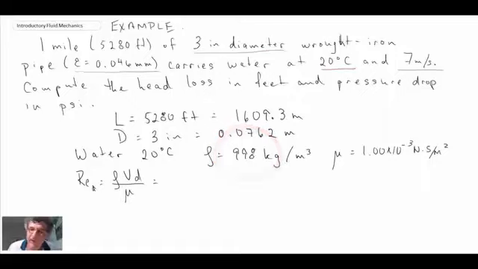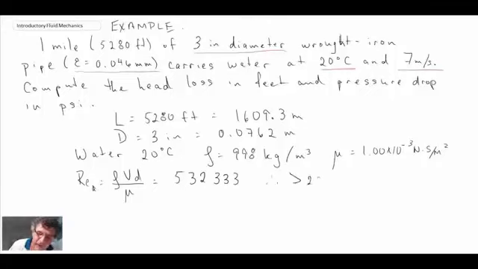Substituting in the values, we have all the values for the Reynolds number, and we find that it is 532,000.